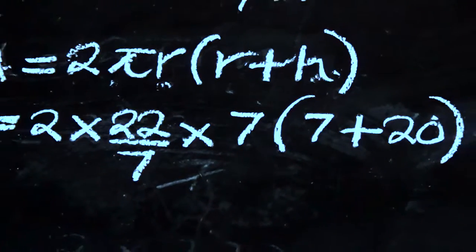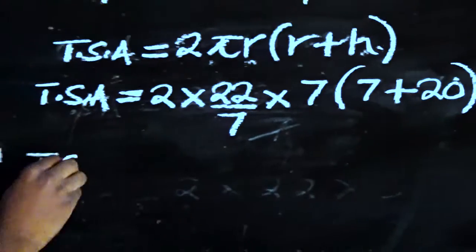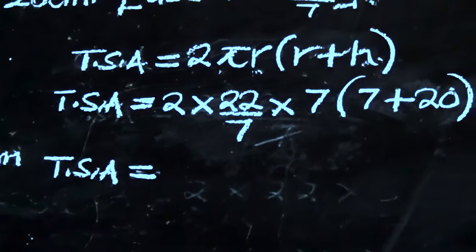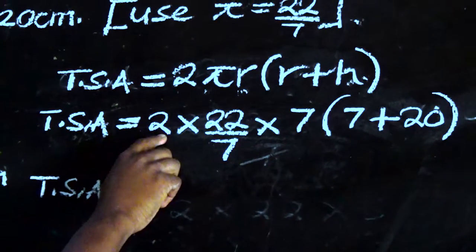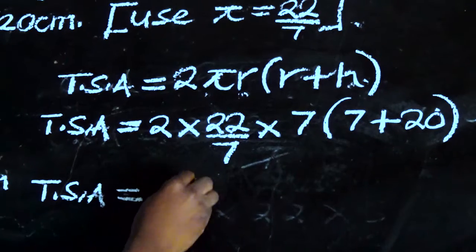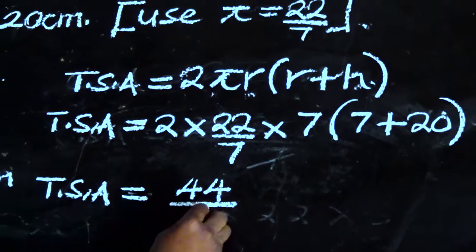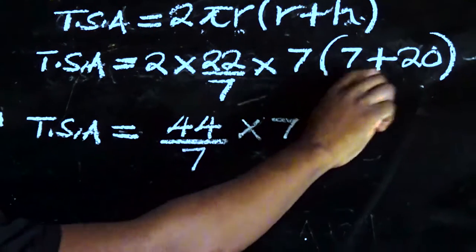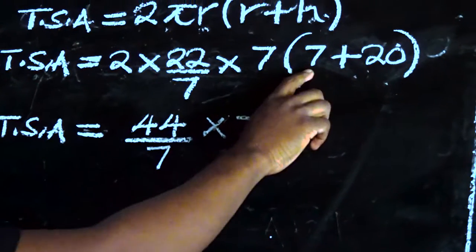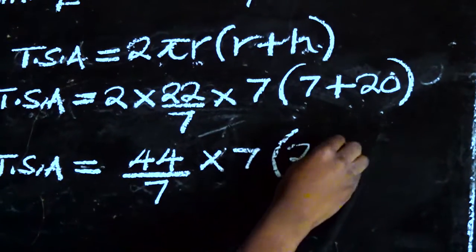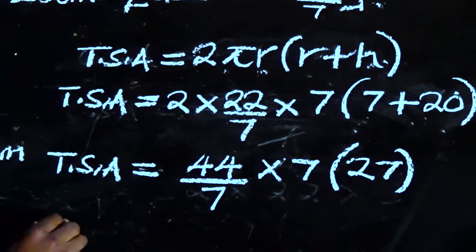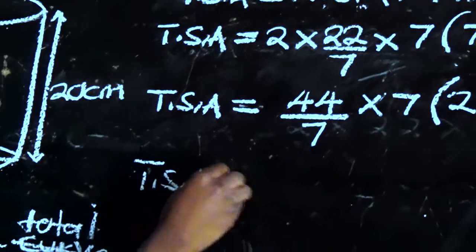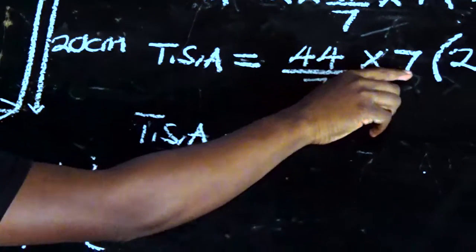Yes. Then we can move on and say total surface area is equal to 2 times 22, get what? 44 over 7 times what? 7. We can add this 20. Okay? So 7, what is 7 plus 20? You get 27. Okay? So total surface area is equal to 7 can go into 7.